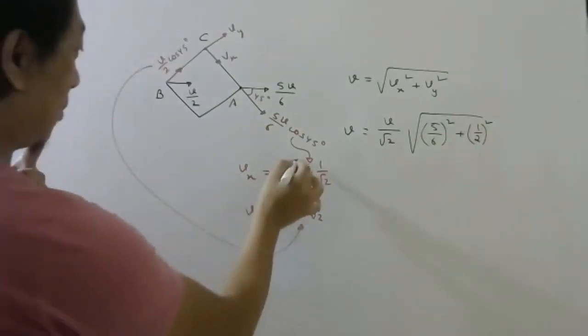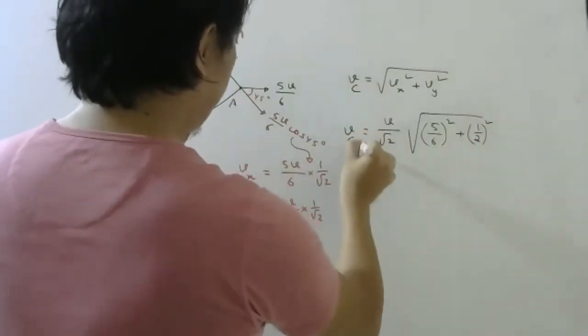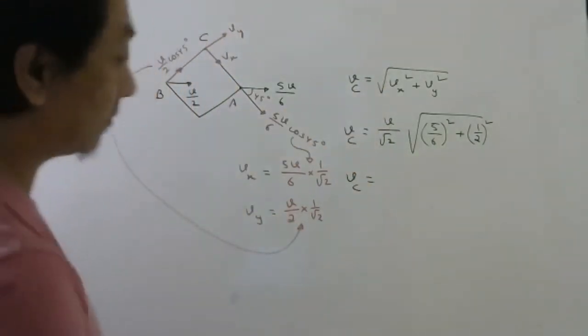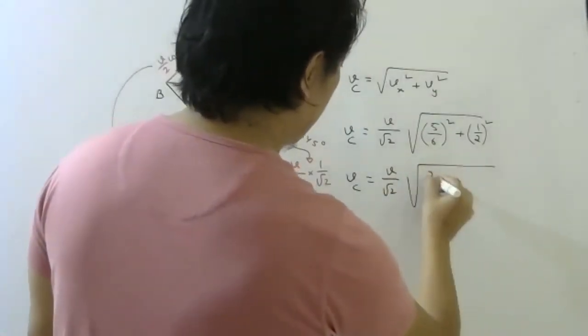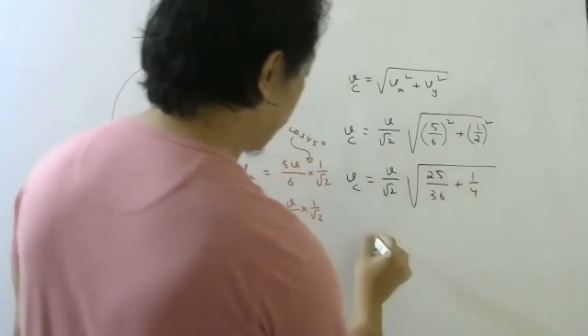So this is the velocity of C. Make sure you get C, otherwise you will cancel V and V. So V by root 2, root of 25 by 36 plus 1 by 4.